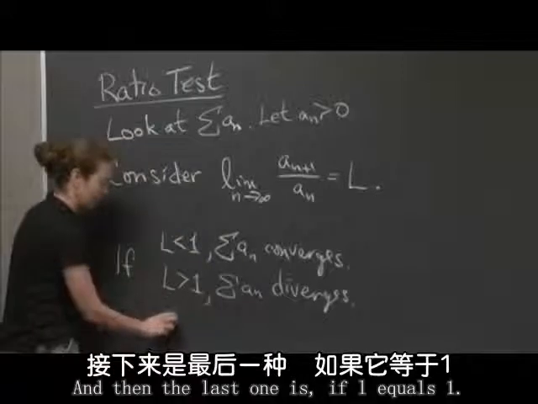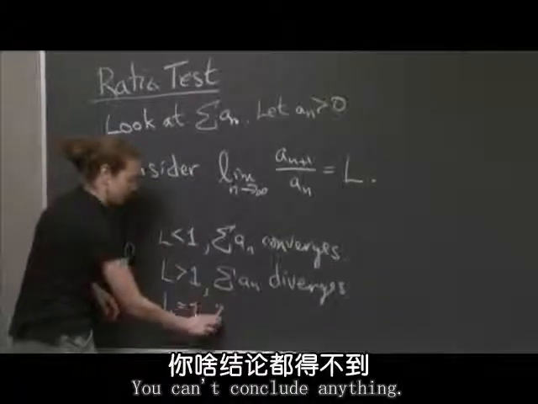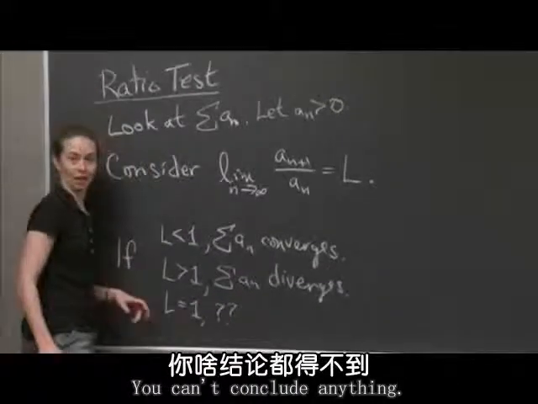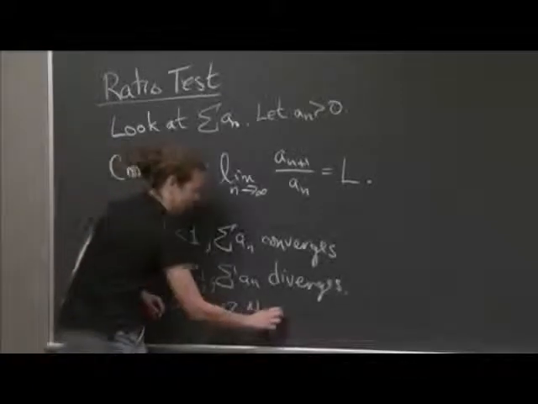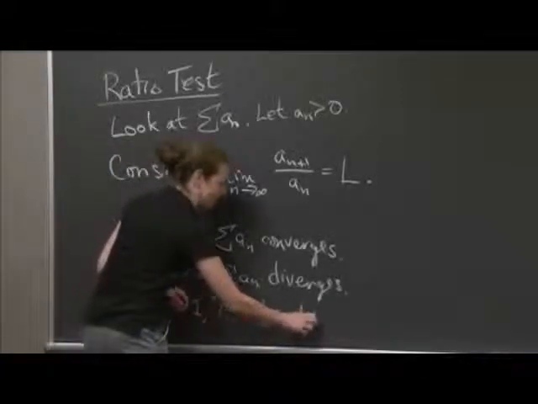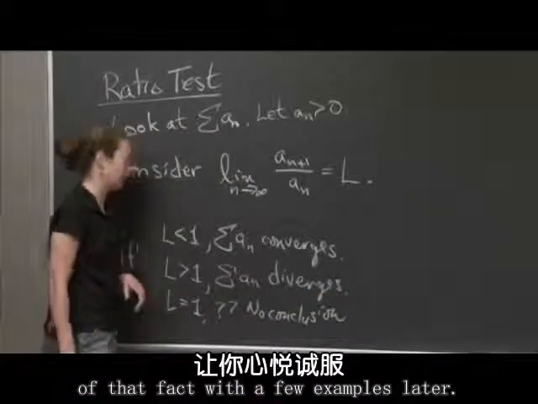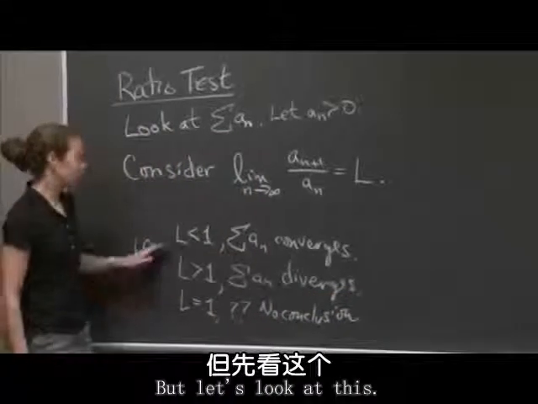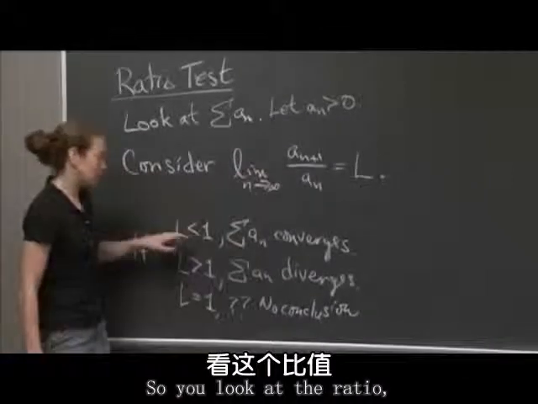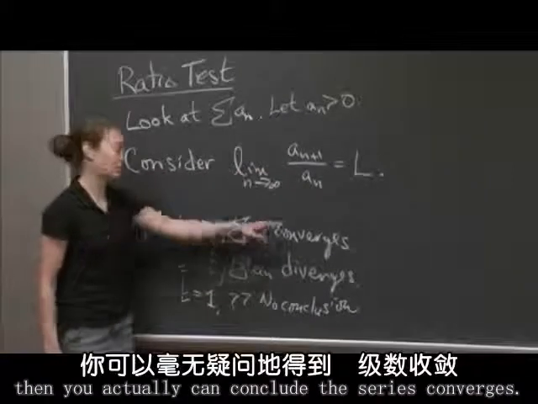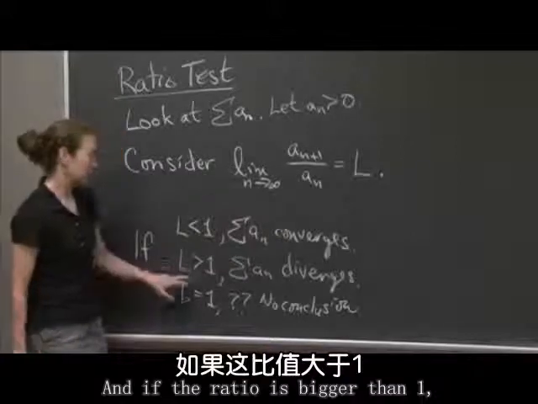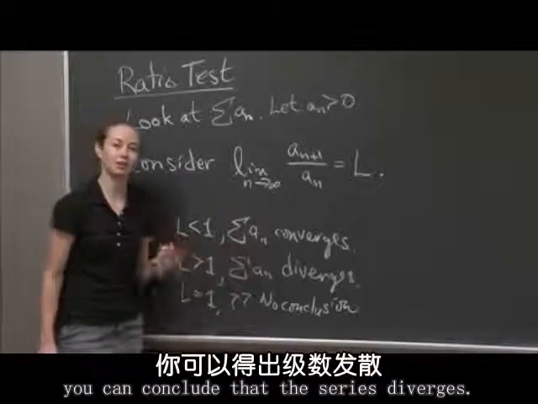And the last one is if L equals 1, you can't conclude anything. I will try to convince you of that with a few examples later. But let's look at this: you look at the ratio, and if the ratio is less than 1, then you can conclude the series converges. And if the ratio is bigger than 1, you can conclude that the series diverges.